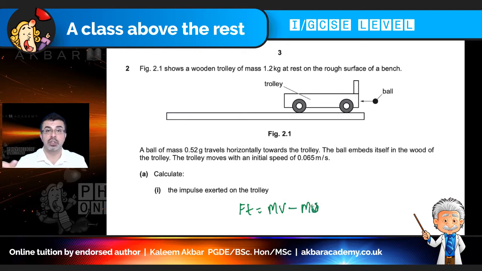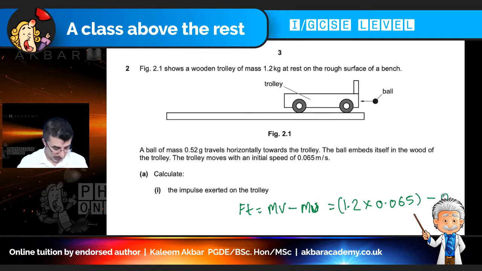Now, the trolley is not moving at the beginning, so the initial momentum of the trolley is 0. But the mass of the trolley is 1.2, and they've told us that the trolley moves off with a speed of 0.065. So if we stick this in, it's 1.2 times 0.065, subtracted by 0.